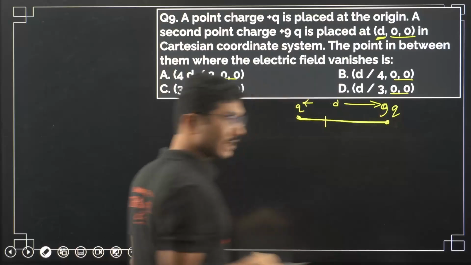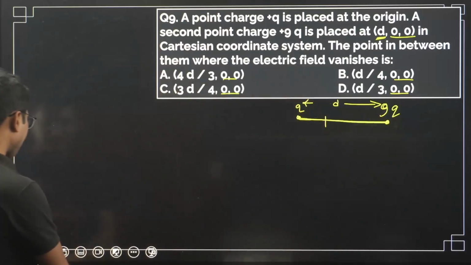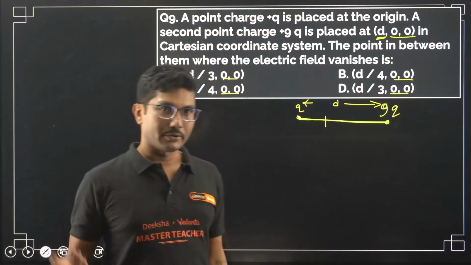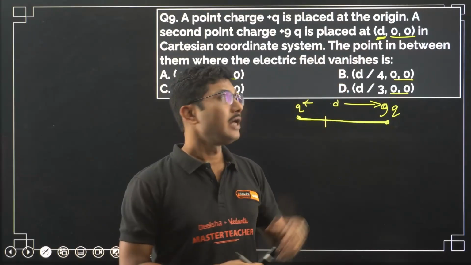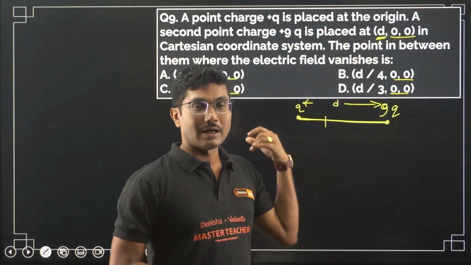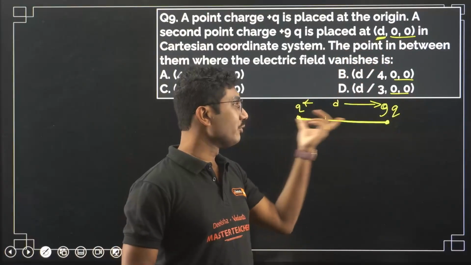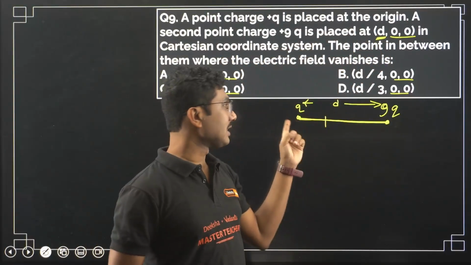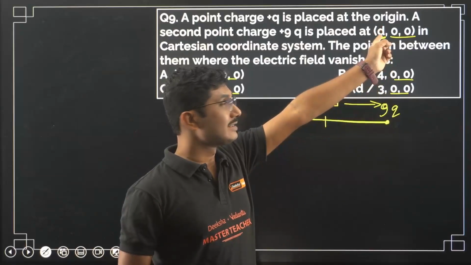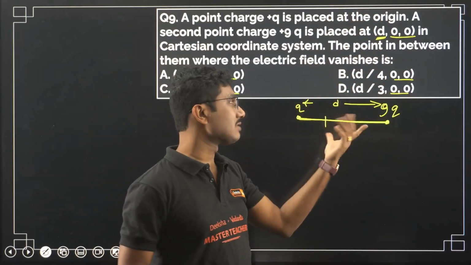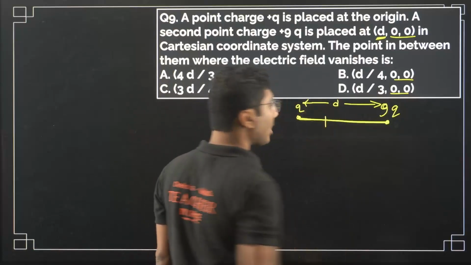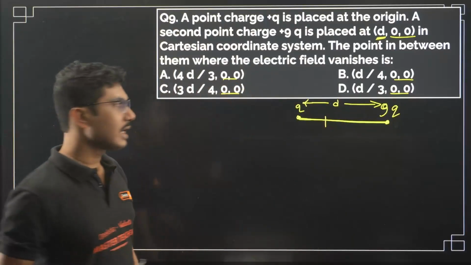If this question comes in KCET, they will directly tell you they are kept at a d distance apart or x distance apart. But because it's a JEE question, they try to trick you by giving you the coordinates, so you forget how to find the distance. Because one charge is at the origin and another charge is at (d, 0, 0), the distance between them is d. Clear? If you have any doubt, don't forget to mention it in the comments.